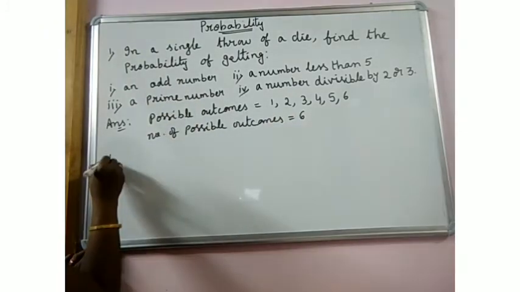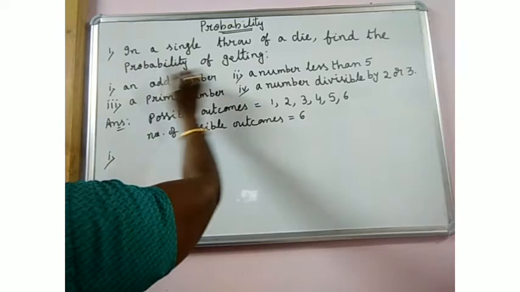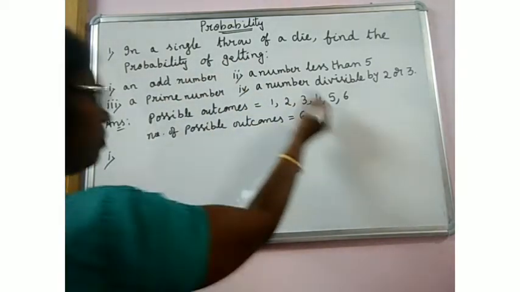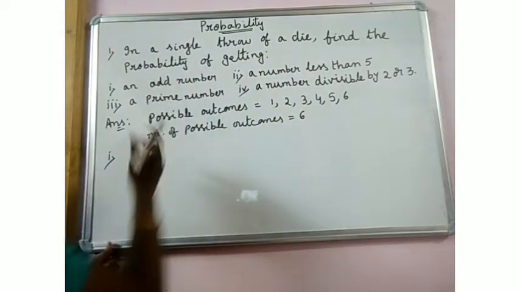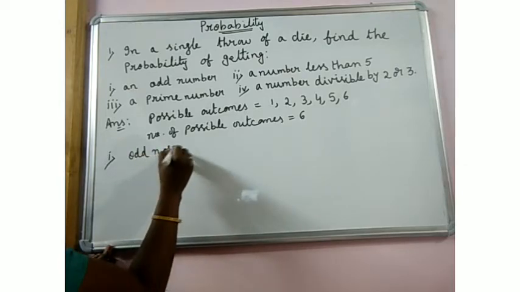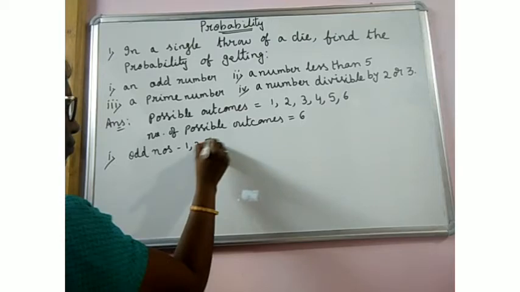Now let us do it bit by bit. First bit: what is the probability of getting an odd number? When we throw a die once, what are the odd numbers we are going to get? The odd numbers are 1, 3, 5.